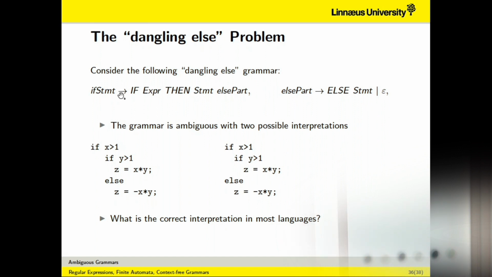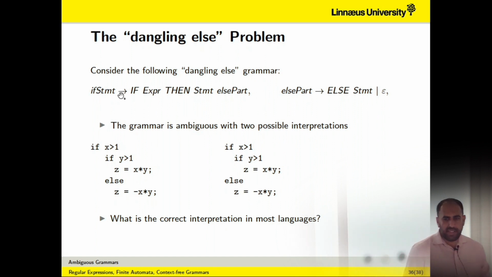To give you an example of how an ambiguous grammar can be a complicated problem, one common example is the dangling else statement.